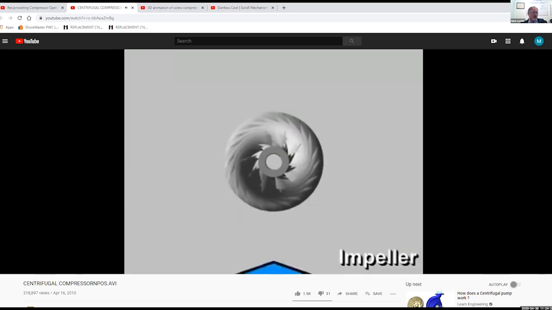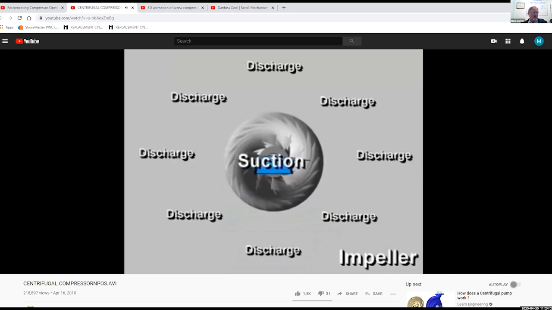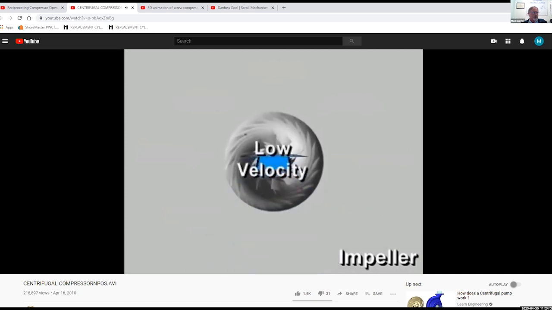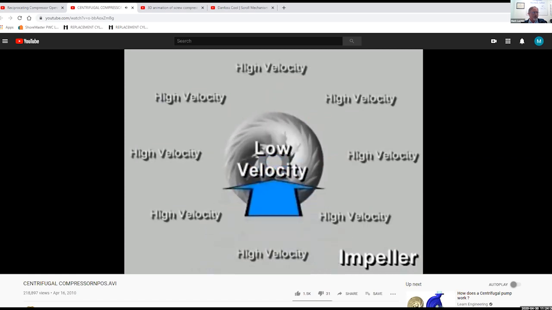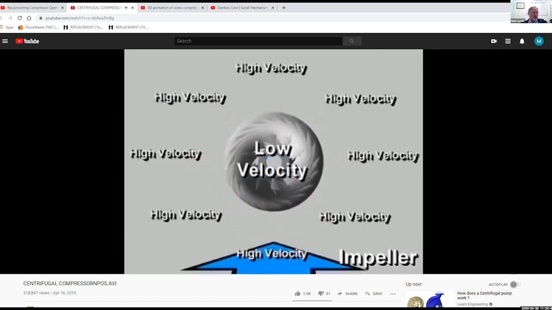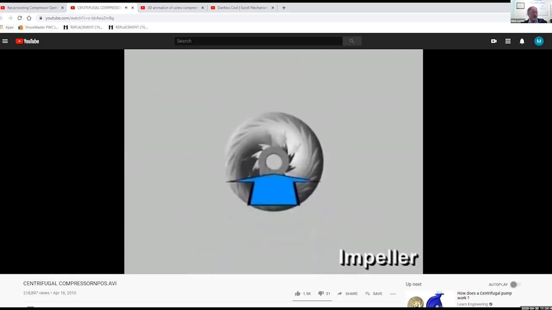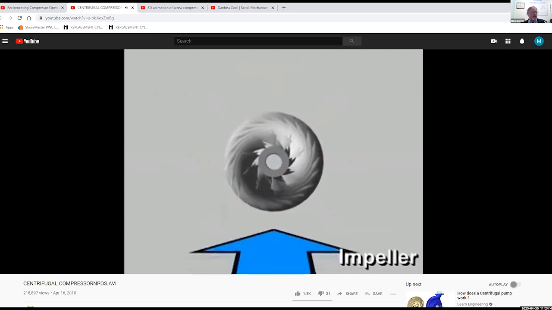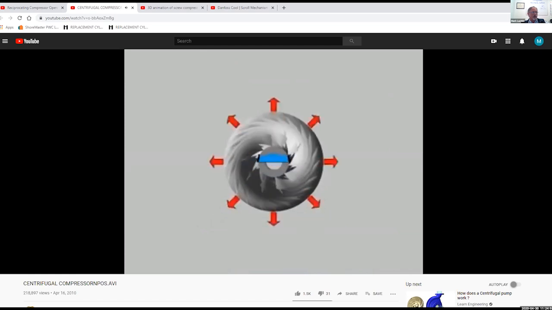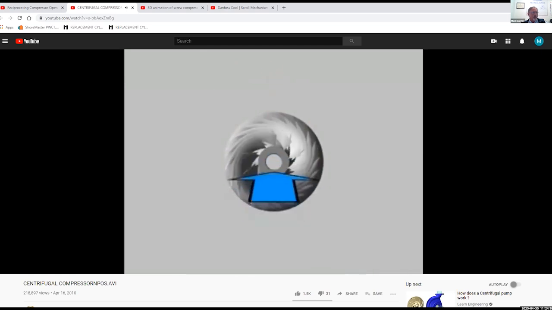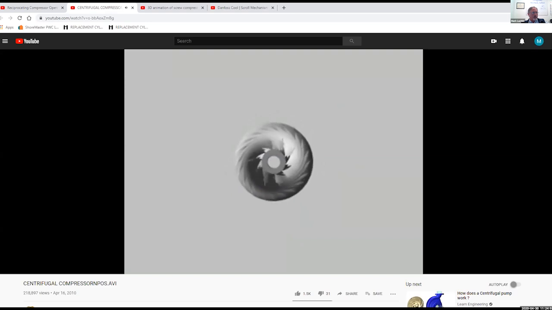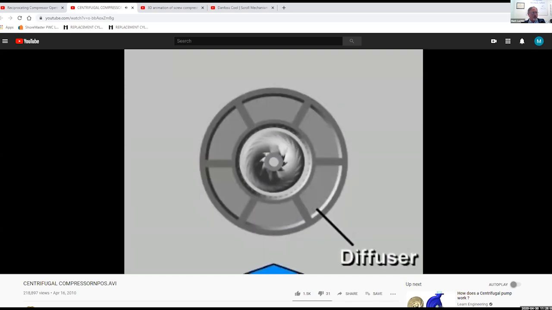It's a disc that's driven at very high speeds, sucks the refrigerant into the center and forces it to the exterior by centrifugal force. So the impeller is transferring its energy into the vapor, but even though it gets to high velocity, it doesn't make high static pressure. So that's what the diffuser's for. They slow down the vapor with the diffuser to turn the velocity pressure into static pressure.